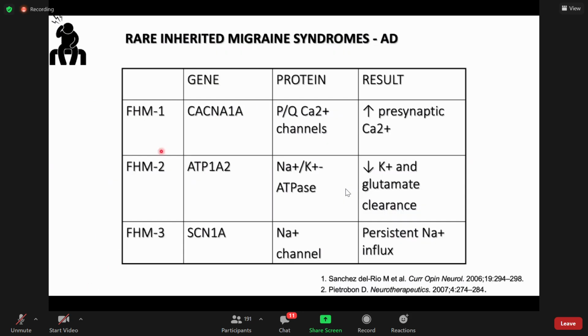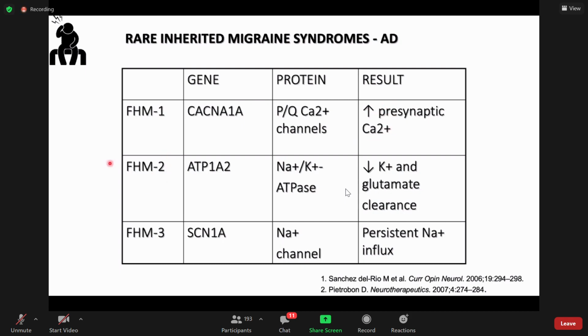Now, I mentioned that they think there is probably some genetic background for migraine. There are rare inherited migraine syndromes, such as familial hemiplegic migraine. It is related to the calcium channels, and the protein is P/Q, and it results in an increase in presynaptic calcium.